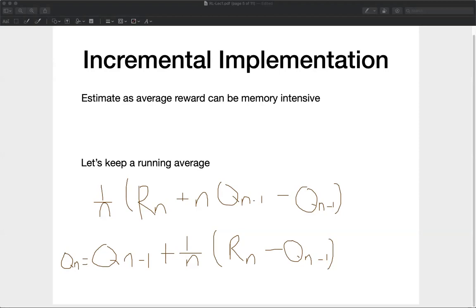So this is the difference between your previous estimate and what you got now, times some constant. Well, it's not a constant, times some value. Is that clear to everyone? Yes. So this is your old estimate. This is the error in the estimate.